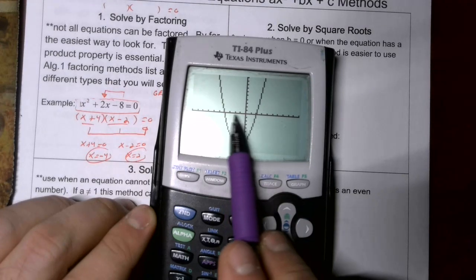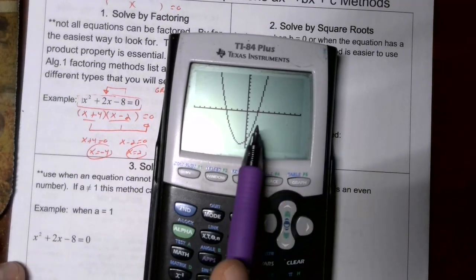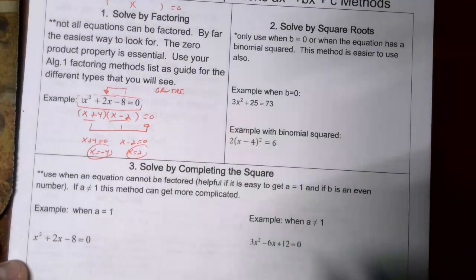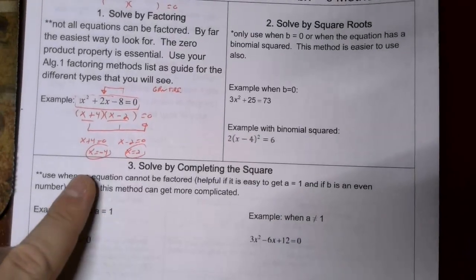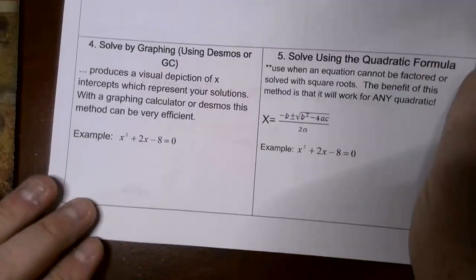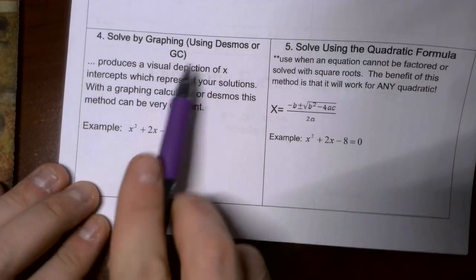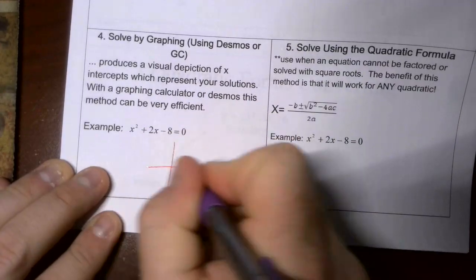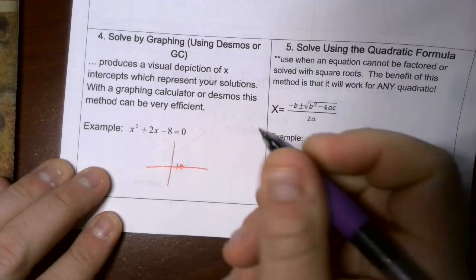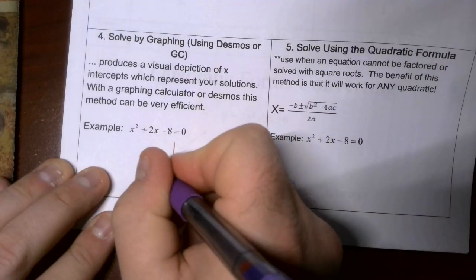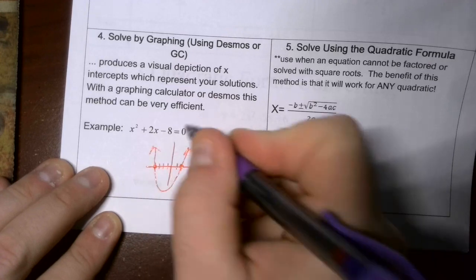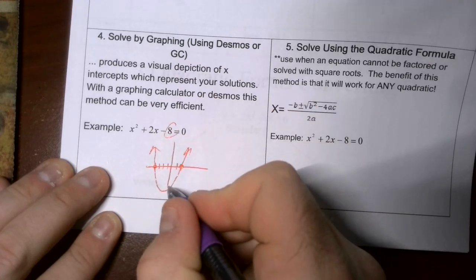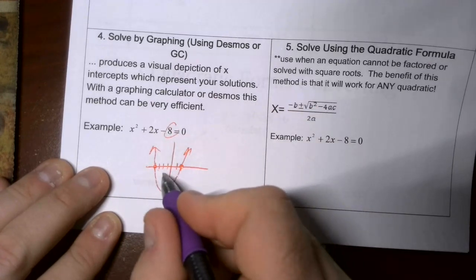Those are your solutions. So you could also solve this by graphing, which is by far a lot easier because it doesn't require any skill. So that actually is method 4. We can make a sketch and show that the x-intercepts would be 2 and -4. Notice the y-intercept is -8 down here, but we just really care about the x-intercepts.